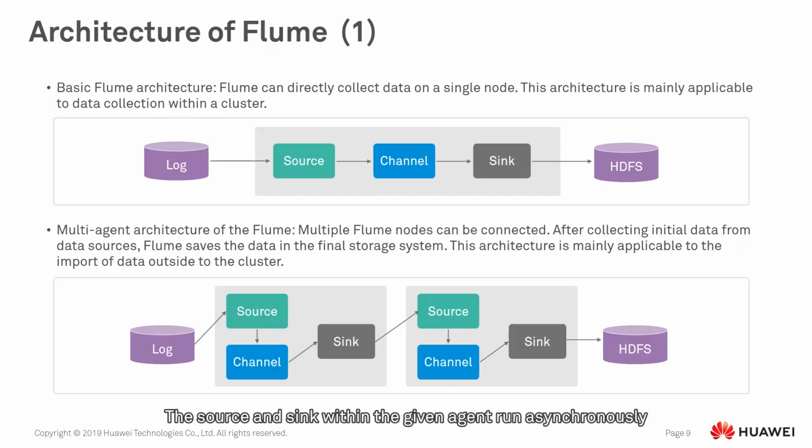The source and sink within the given agent run asynchronously with the events staged in the channel. Also, Flume allows a user to build multi-agent flows where events travel through multiple agents before reaching the final destination.